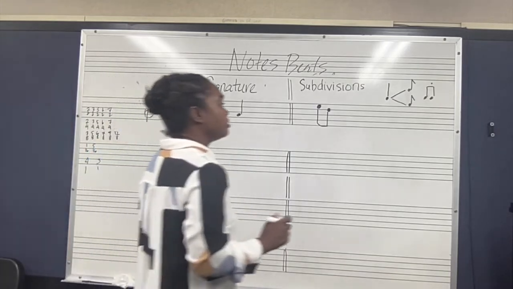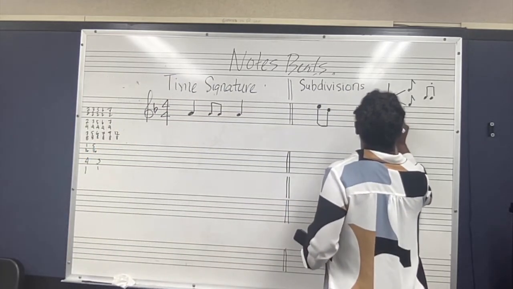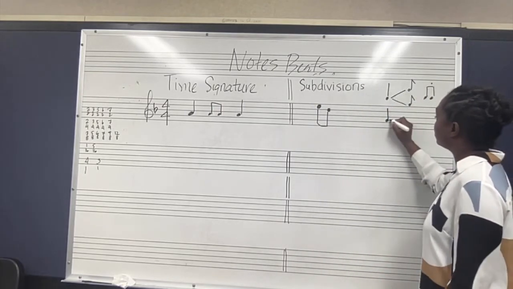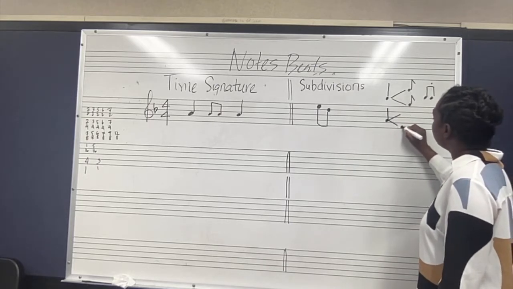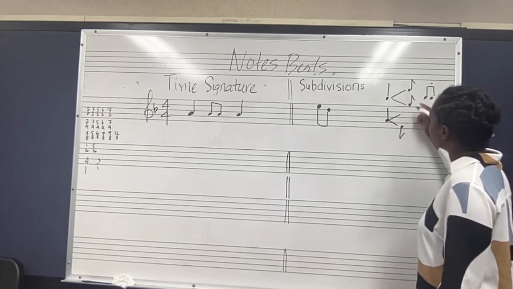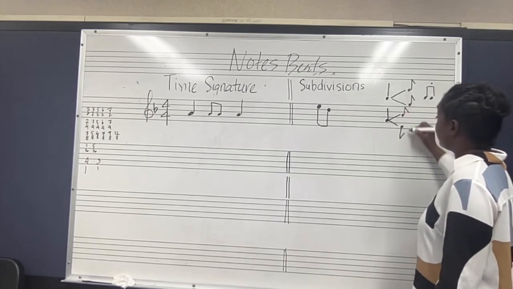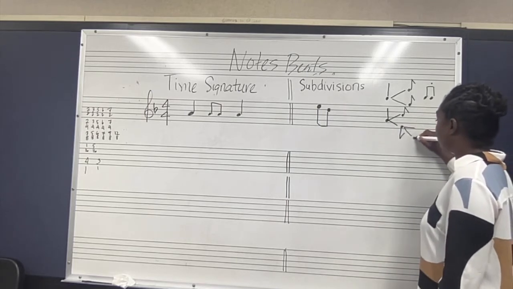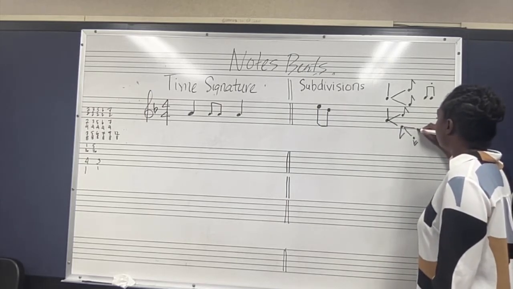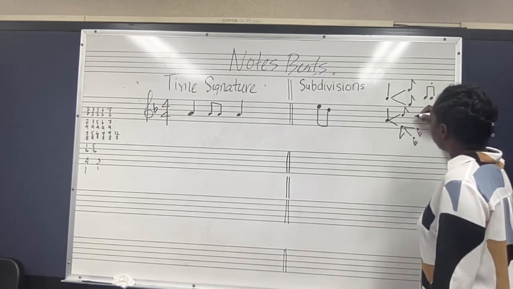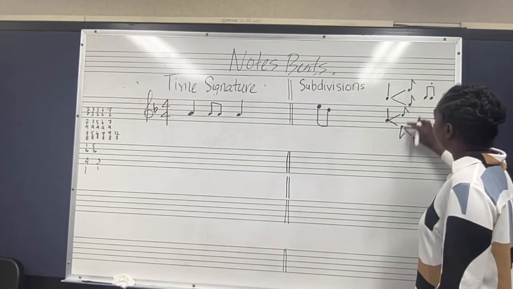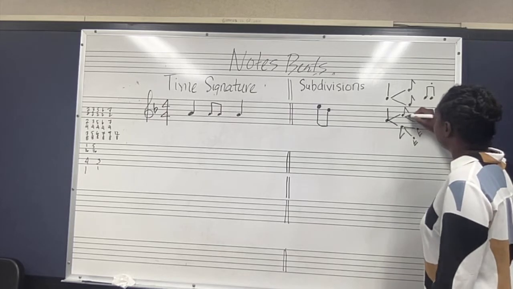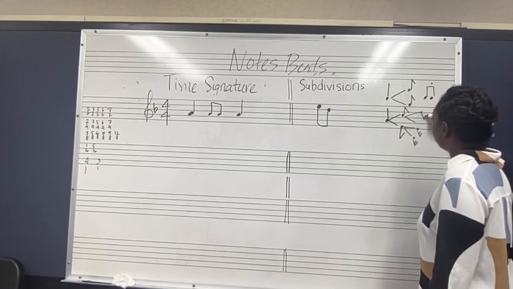If you remember math, the quarter note divides into the 2 eighth notes, right? But if you divide one of those eighth notes, you get 2 sixteenth notes. So what does that mean? If I have 2 eighth notes in that quarter, and then I divide that eighth note, then I'm going to get 4 sixteenths.